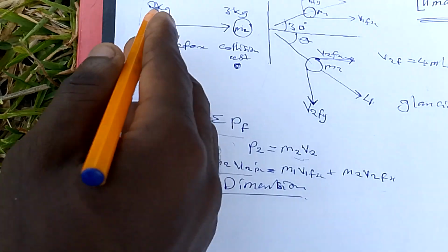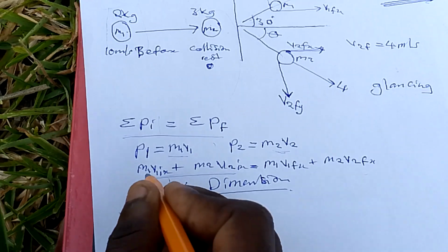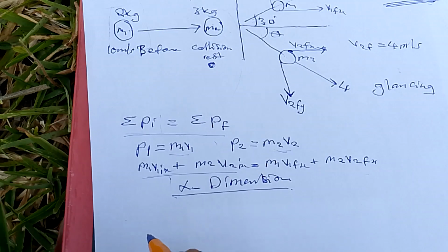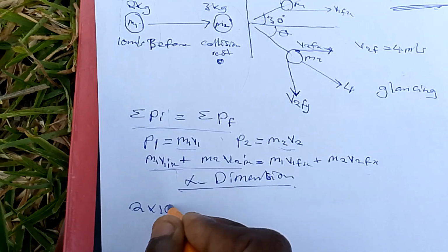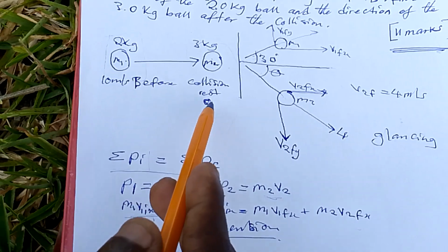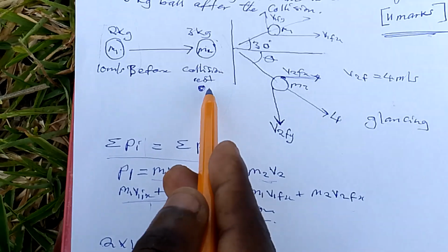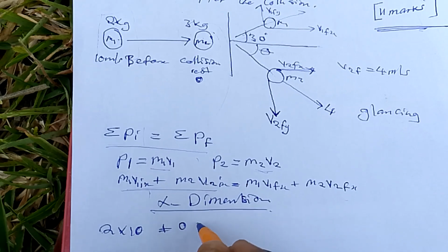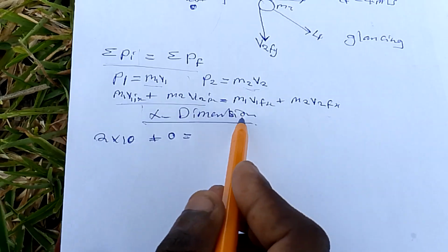So we are going to multiply 2 times 10, that is the momentum of the first ball, the 2 kg ball, before it collides. So we are going to have 2 times 10, then plus. Now remember, the second ball was at rest, so 0 velocity times the mass will give us 0.